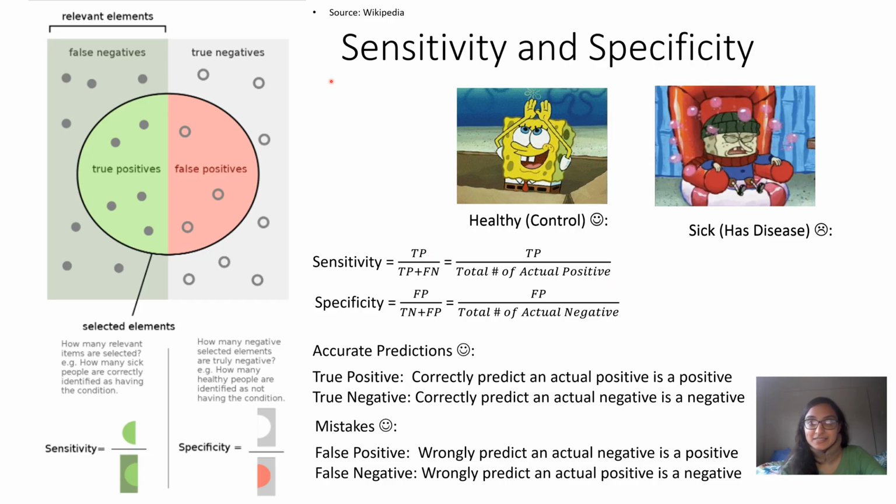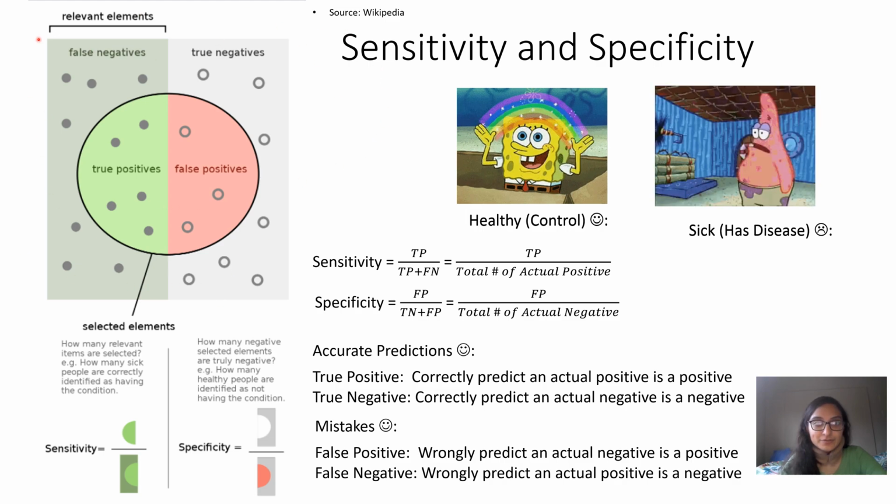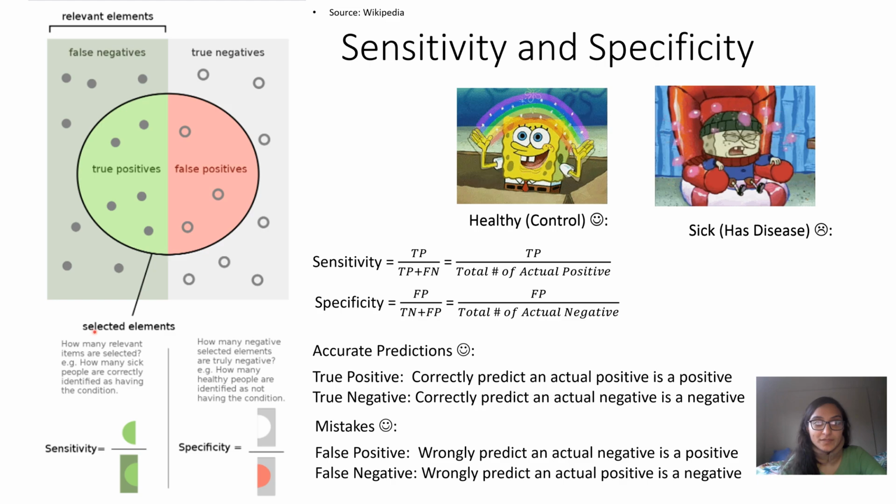So we were just talking about sensitivity and specificity, and remember this is the healthy SpongeBob versus the diseased SpongeBob. The source is Wikipedia here, so you can see that this is what we tend to make predictions on.